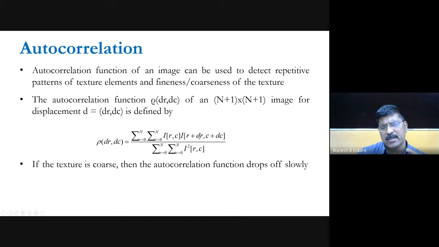Suppose you are considering a displacement of one unit, one row or one column, then this value will be 1 and this value will also be 1, so r plus 1, c plus 1, and so on, divided by the summation over r and c from 0 to n, of I squared of (r, c), where I is the intensity of that pixel, and r and c are the row and column location.